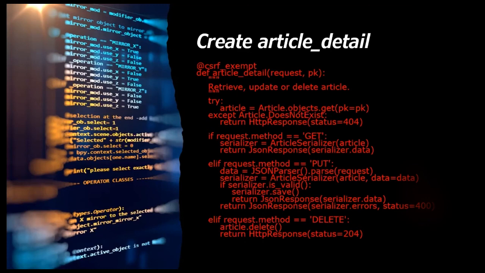Before this, we created a view function for the get and post of the article, but this is for delete and updating the articles. Also, make note that these are function-based API views, but when we use class-based or generic views, we don't use this code.